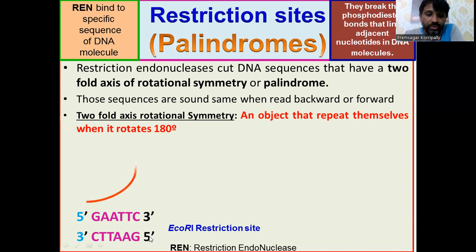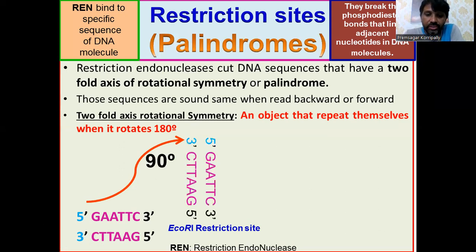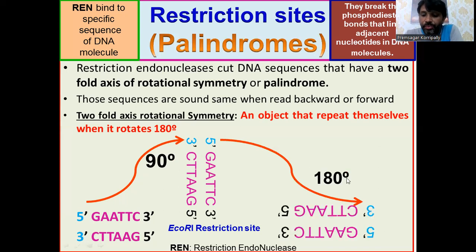You can see the same sequence, this restriction site rotates only 90 degrees, then it looks like this. If it rotates another 90 degrees, it looks like this. And if it rotates one more 90 degrees, that's 180 degrees, then you can see here the sequence.